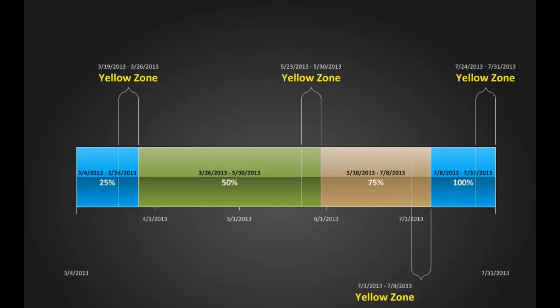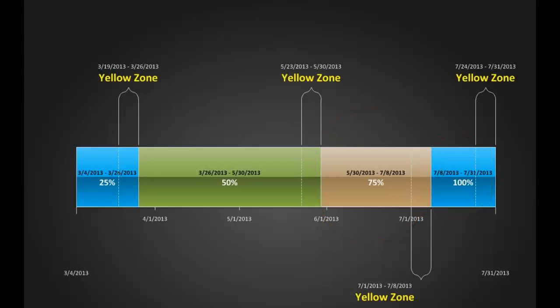Here, we have a project timeline that shows the 4 stages of a project's completion. The stages, also commonly referred to as milestones, are effectively quartiles of completion: 25%, 50%, 75%, and 100%.